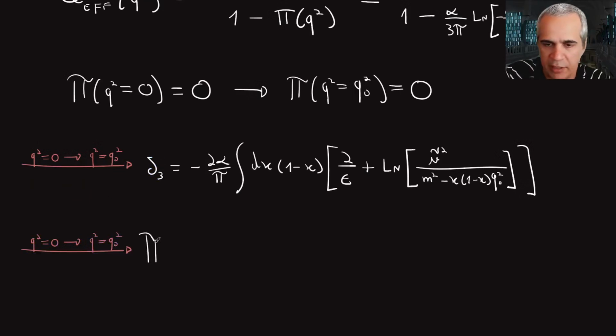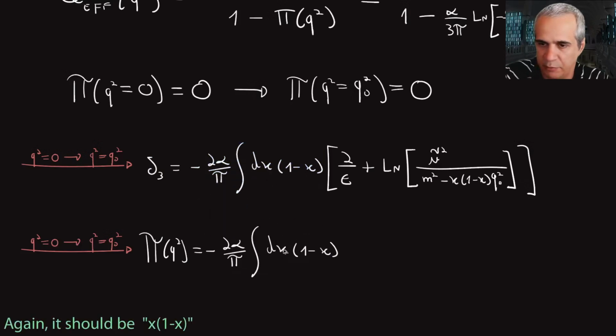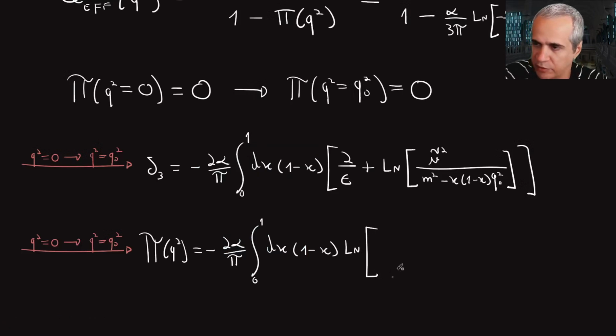Now we have pi of q squared, as a lot of these is similar. Let me copy. Forgot the limits of integration. You should know that by heart at this point. And then there's a log, of course, with two terms here, which are fairly similar.